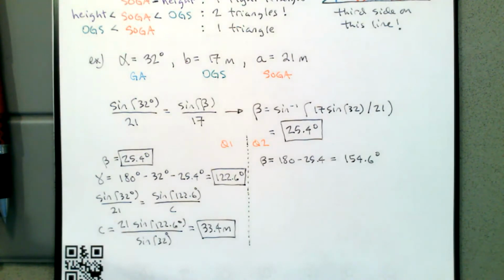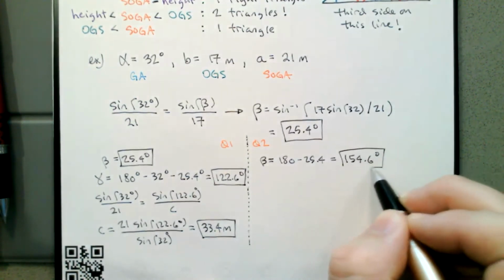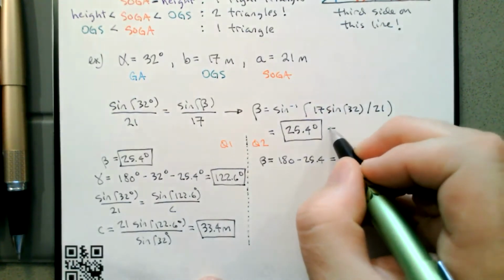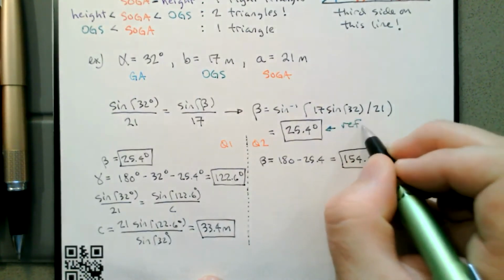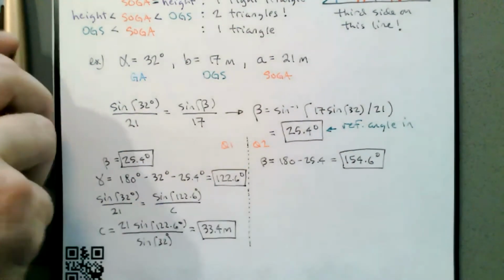Now we go to the other side. So this is the ambiguous case of the law of sines. There's another angle that has a sine of 17 sine 32 over 21, 154.6. Once we have two angles, we subtract to find the third angle. So the first angle that we find is used as reference angle in quadrant 1 and quadrant 2.